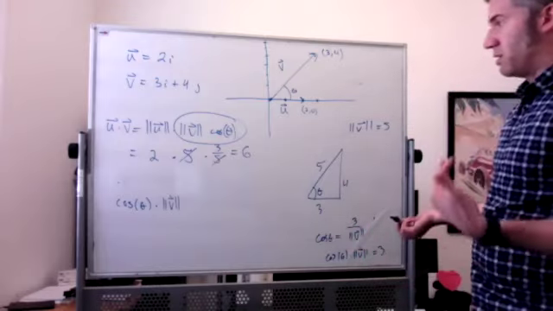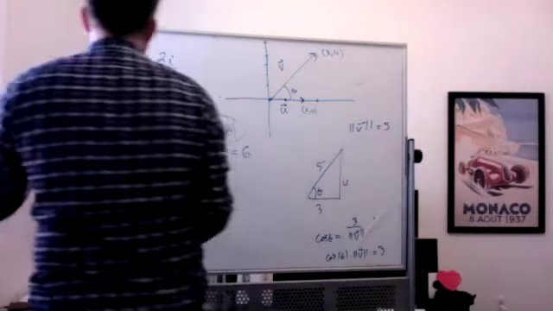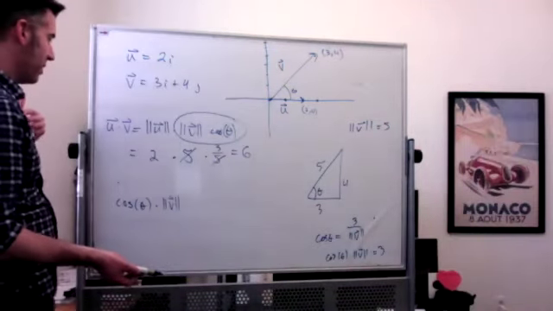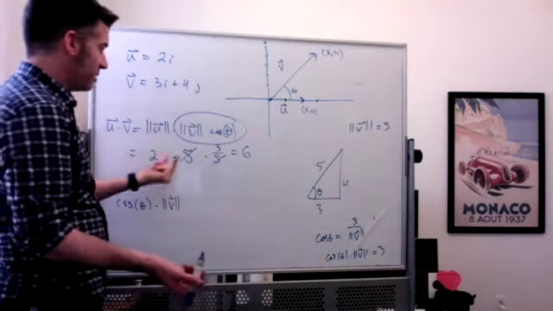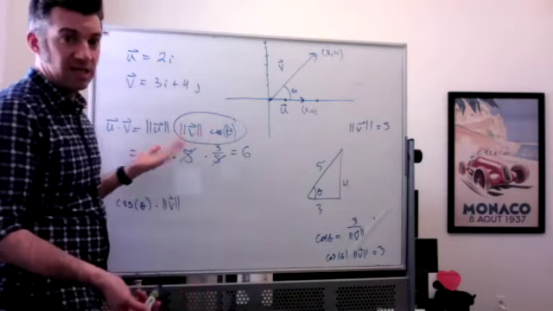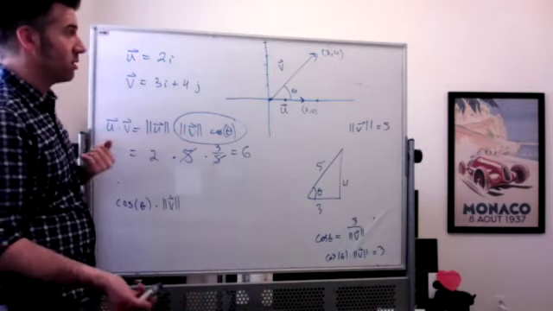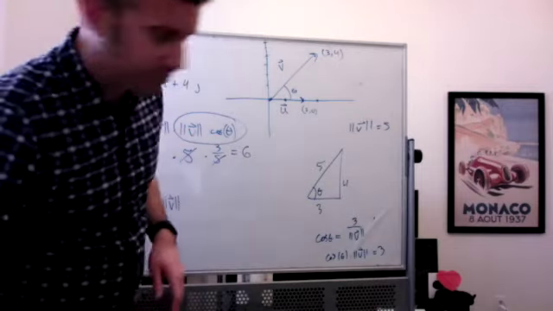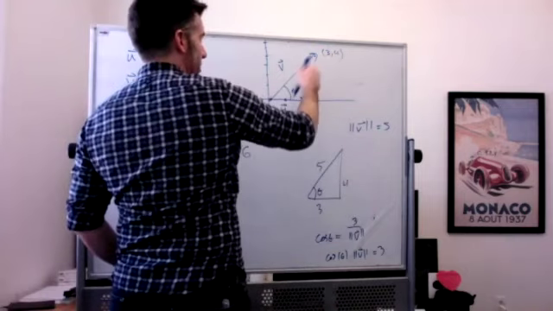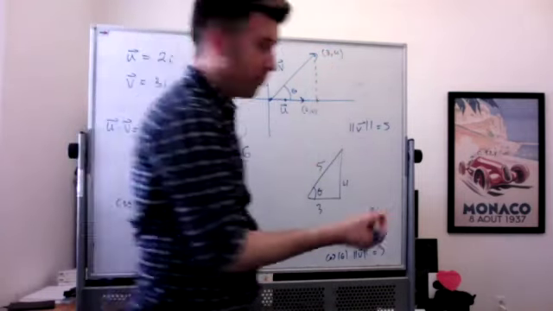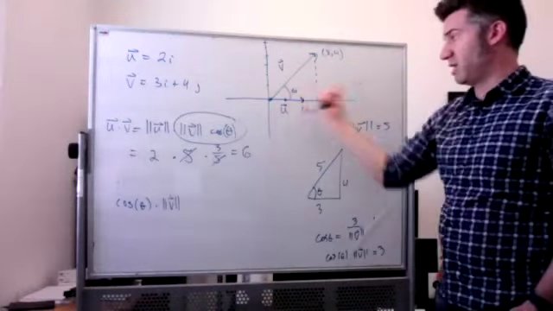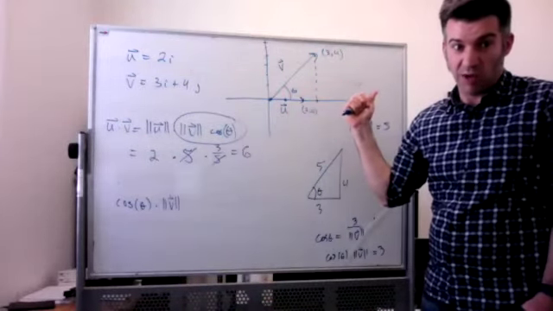So the idea here is that if you're finding u dot v, you're basically multiplying the length of u times the length of v that is in the same direction as u. So if we think about it that way, since v is 3, 4 for this particular example, the amount of v that's in the same direction as u is 3.